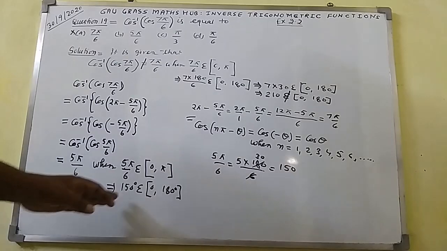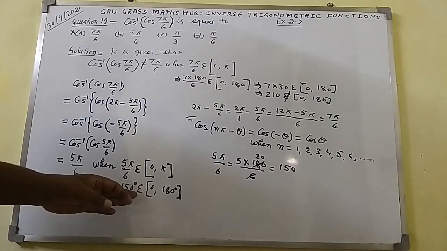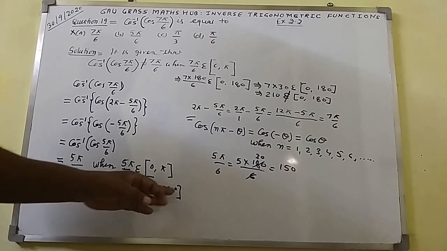It is clear that 150 degrees lies between 0 and 180 degrees.